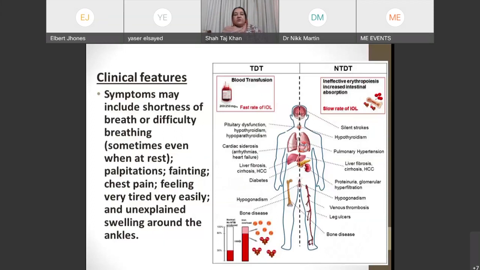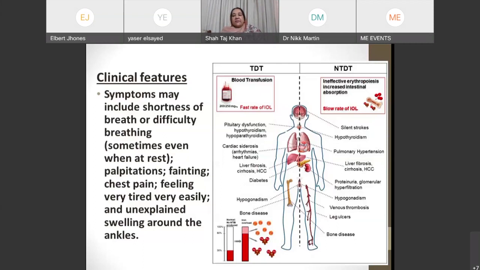The clinical symptoms include shortness of breath or difficulty in breathing, sometimes even at rest, as is common to all the cardiac failure complications. There are palpitations, fainting, chest pains, feeling very tired, and unexplained swelling around the ankles due to cardiac failure.